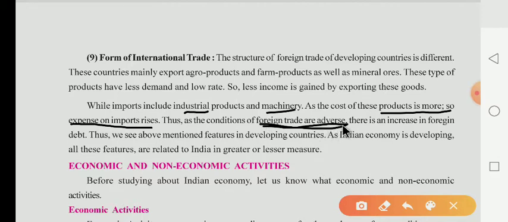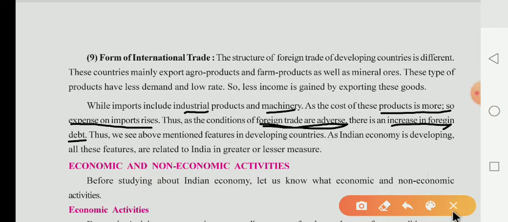Why is foreign trade adverse? Because here import is more and export is less, and that's why foreign debts increase. What is the meaning of foreign debt? Foreign debt means विदेशी कर्ज, which for a developing nation increases.